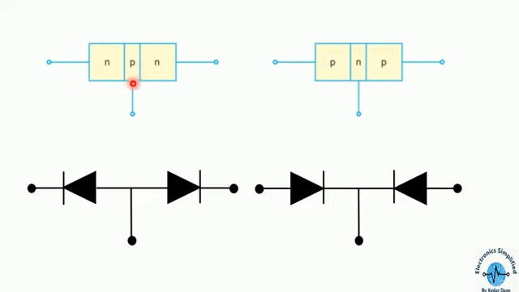Now if we take 100% of the current passing through this transistor, then we can understand that about 10% of the current will form the base current.